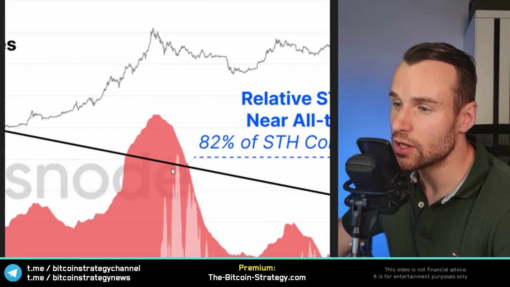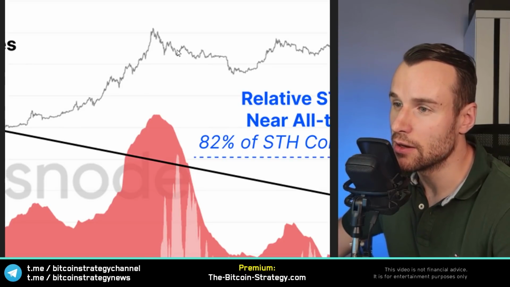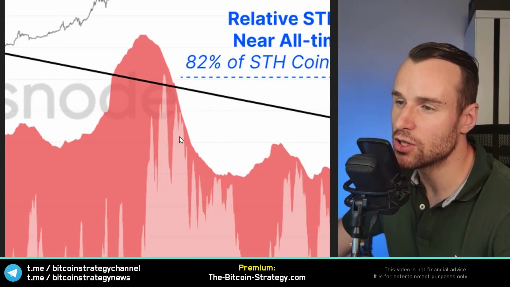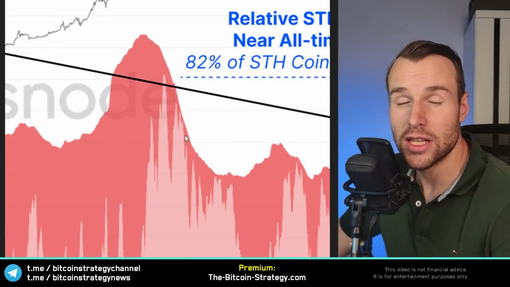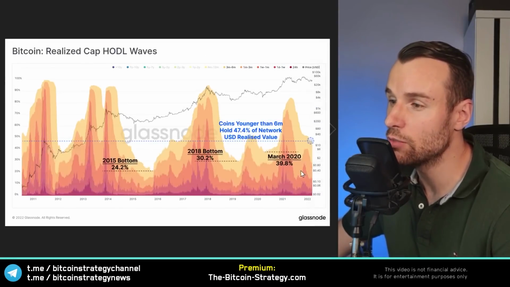Look at this, for example, the short-term holders, they have already been in losses at this point in time, also over here, right? But we still fell from this point in time to this point in time by around 60 to 70%. So you can't really say just because a lot of short-term holders are in losses that we are likely going to turn around. I think this metric is actually overinterpreted.